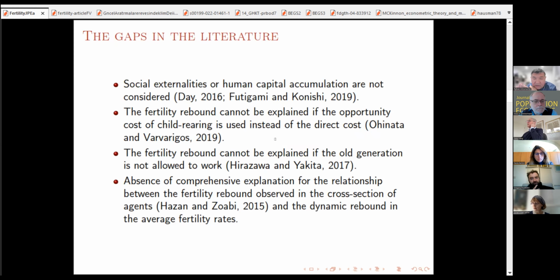All these papers try to explain the reversal of fertility we observed in rich countries, but what they didn't take into account, first of all, was social externalities. And the other thing is that when you account for the opportunity cost or the cost of childcare, they considered either the opportunity cost or the direct cost. So we try to take into account both of them.